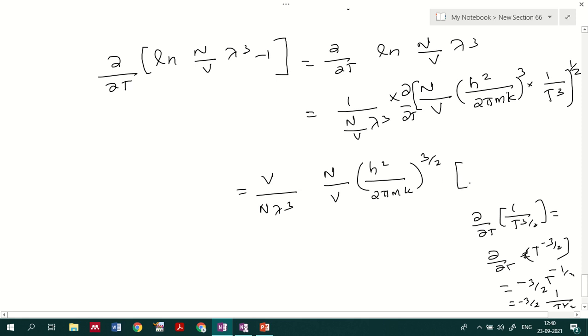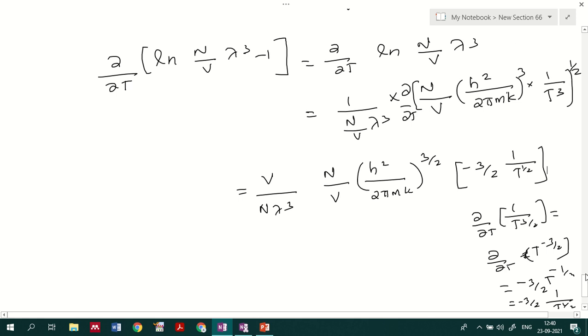So here I can substitute dou by dou T of 1 by T raised to 3 by 2 as minus 3 by 2 into 1 by T raised to 1 by 2.